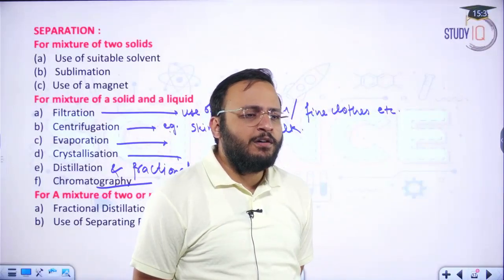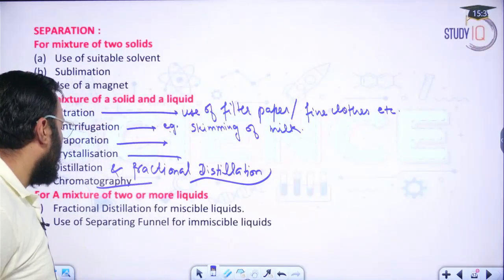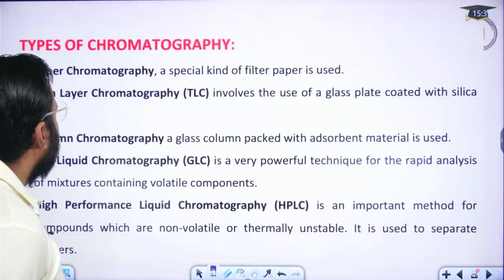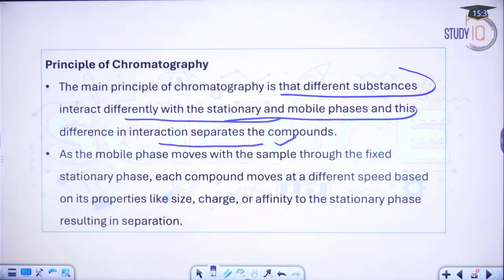There are different types of chromatographic methods, for example paper chromatography, thin layer chromatography, and column chromatography. These are the different chromatography methods used to differentiate pigments of different colors dissolved in water or any other similar liquid medium.